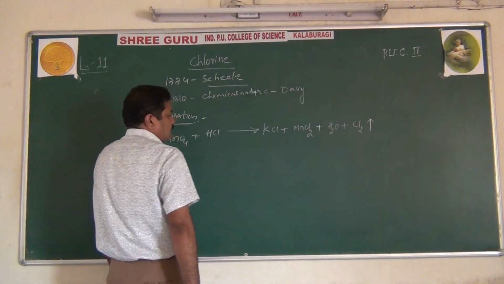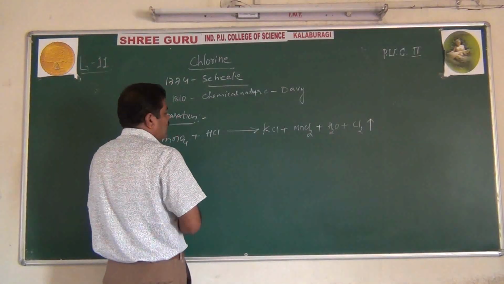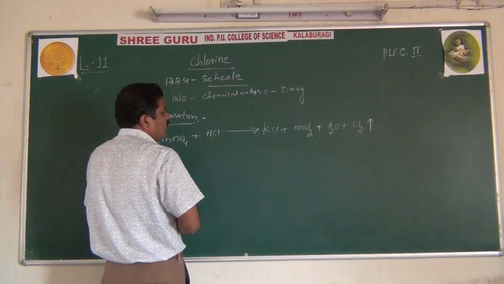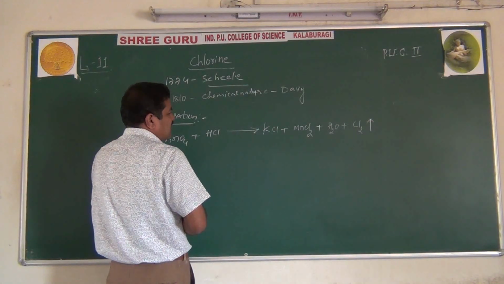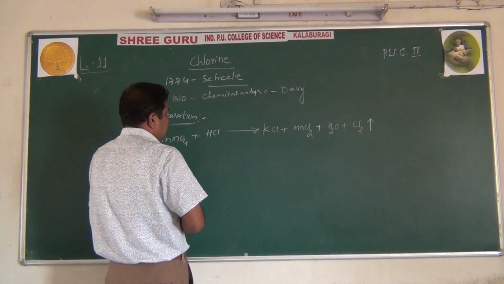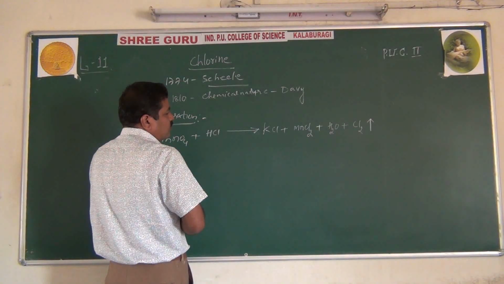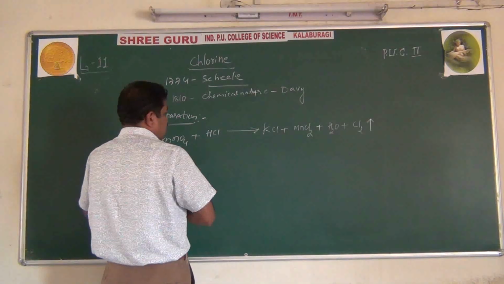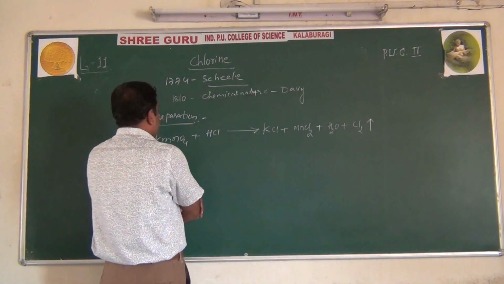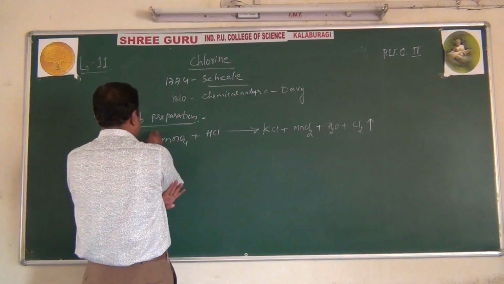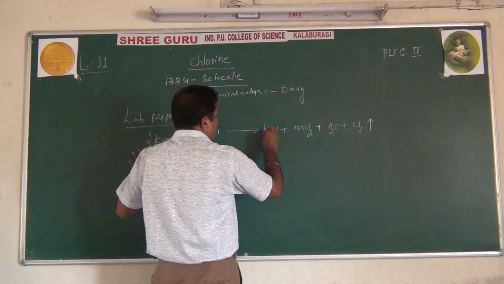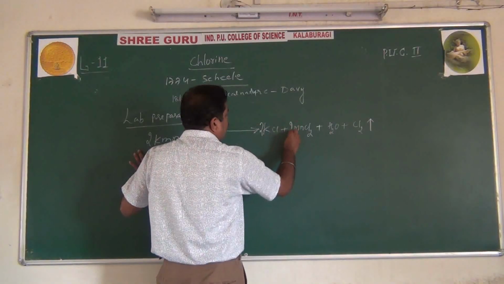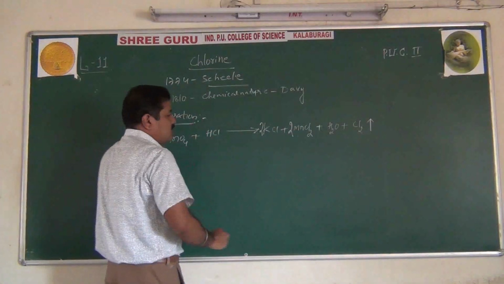So how to balance it? Now see here. Chlorine: 2 plus 2, 4 are there. So multiply here by 2. So 2 KCl, 2 MnCl2, 2 manganese, 2 potassium.